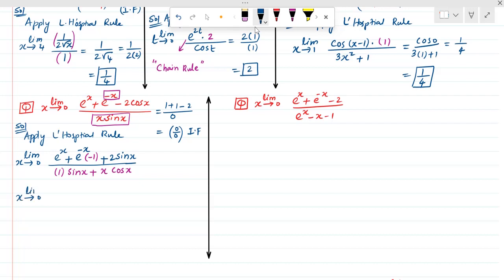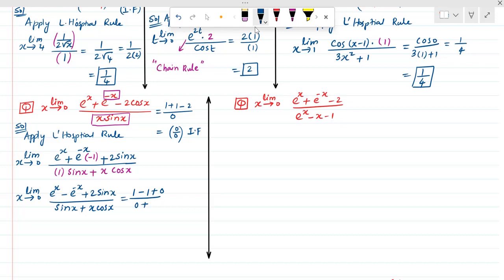So limit x approaches 0, e to the power x minus e to the power minus x plus 2 times sine x over sine x plus x cosine x. When you apply the limit, what happens? E to the power 0 is 1 minus e to the power 0 is again 1 plus sine 0, which is 0, over sine 0 is 0 plus cosine 0 is 1.